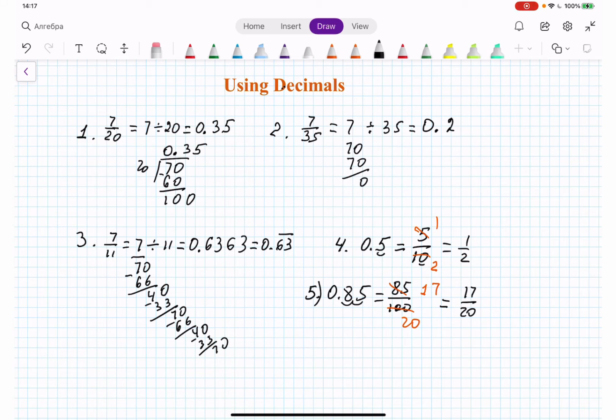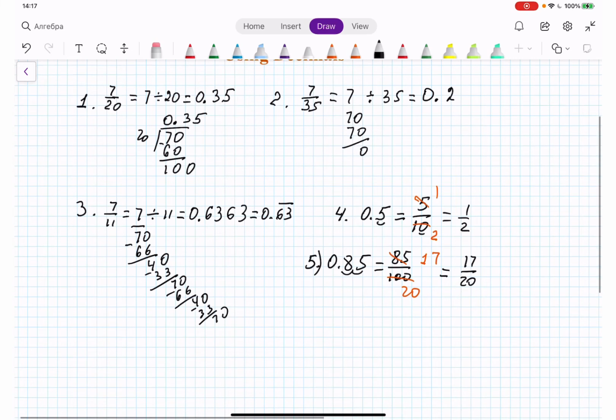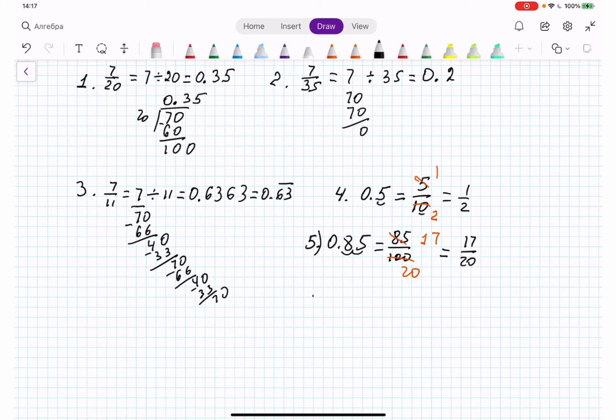Question number 6. Again, convert the decimal into a fraction and simplify. 0.875. Now I have 3 digits in decimal notation, so it's going to be 875, and I put 3 zeros. Based on how many digits in decimal notation, you put that many zeros. So let's divide.